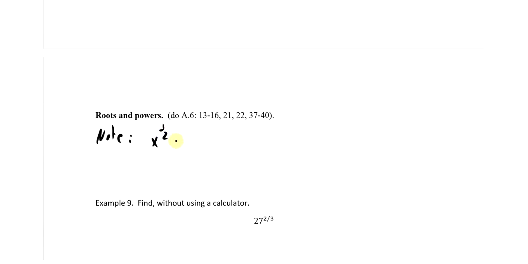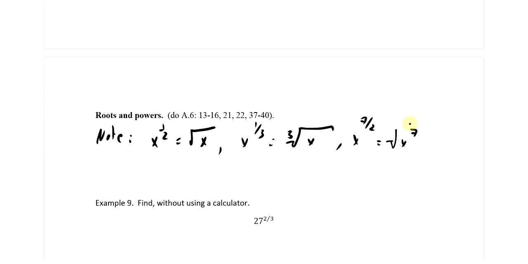X to the 1/2 is the same thing as square root of x. X to the 1/3 is the same thing as cube root of x. X to the 7/2, for example, is the same thing as x to the 7th power, the thing on top, and then the square root of that. Right? So there's a couple different ways to write these things.